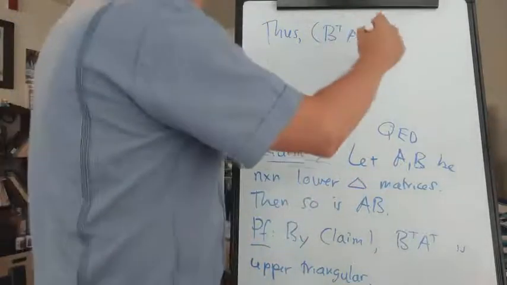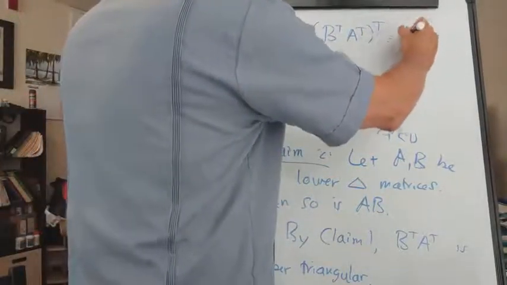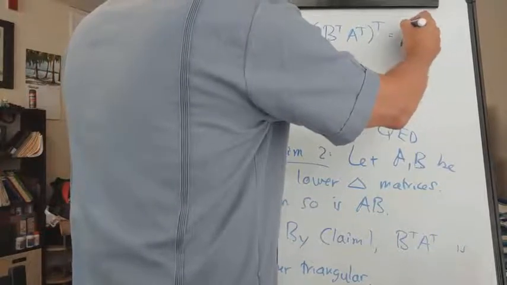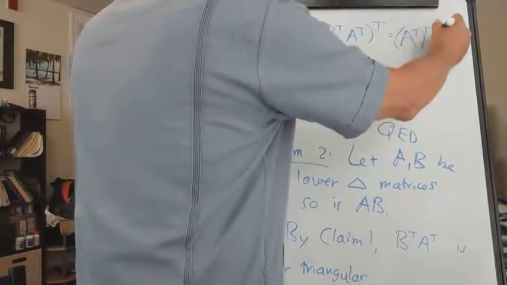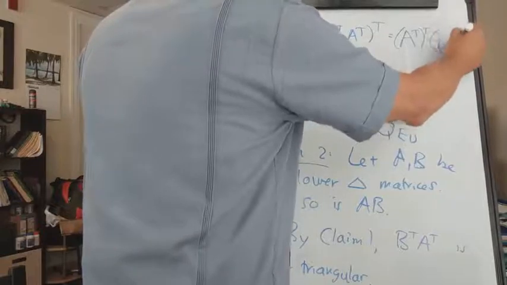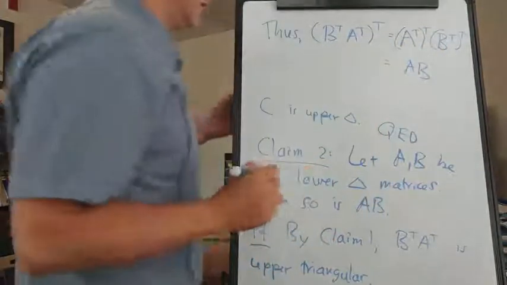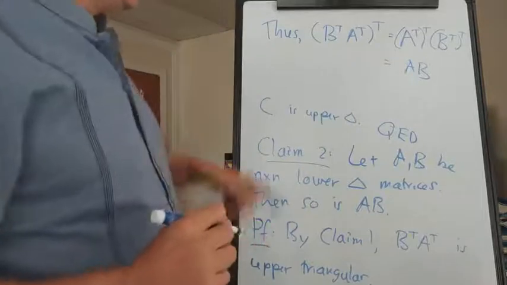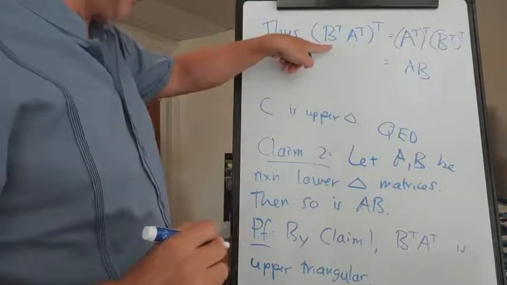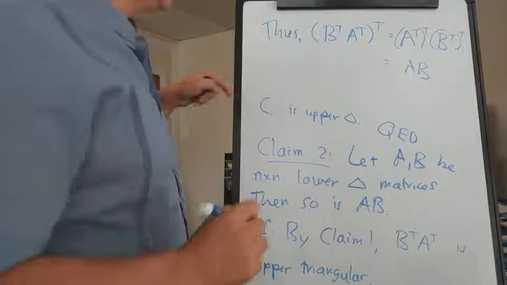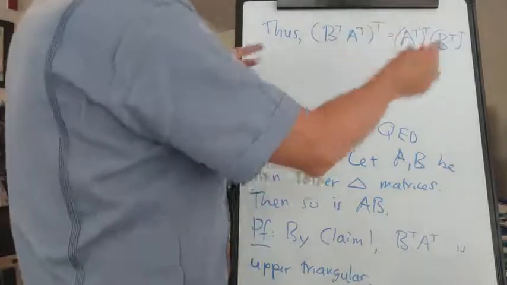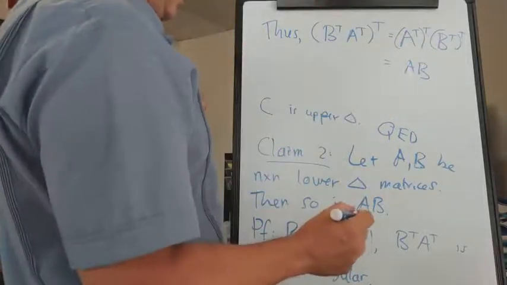So it's A transpose transpose, B transpose transpose, which is AB. Now if what was inside the parentheses is upper triangular, and we transpose it, we get something that's lower triangular.